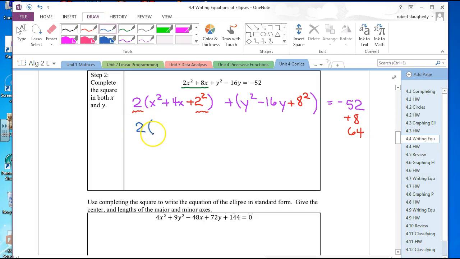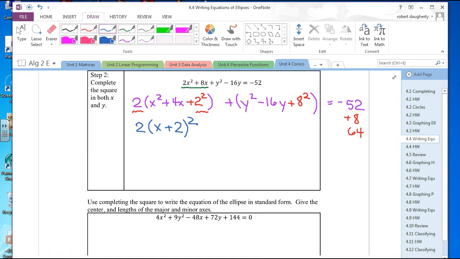This is 2 times. What is this? X plus what? X plus 2 squared, okay? Because 2 times 2, so the number 2 multiplies to give you 4, adds to give you 4.